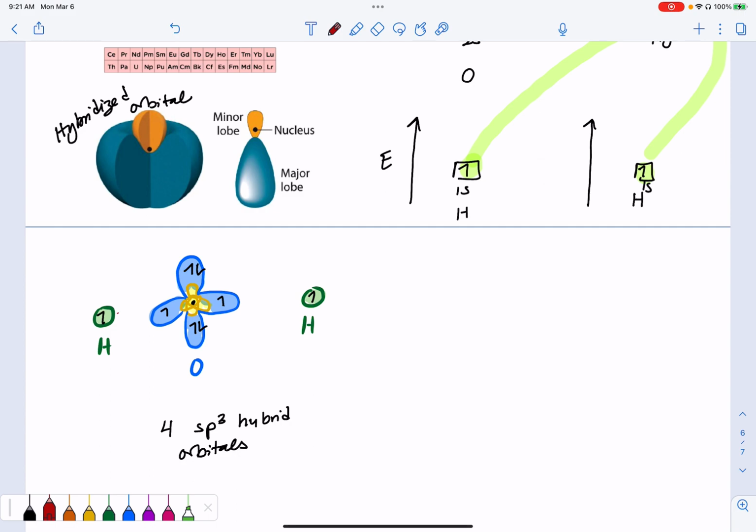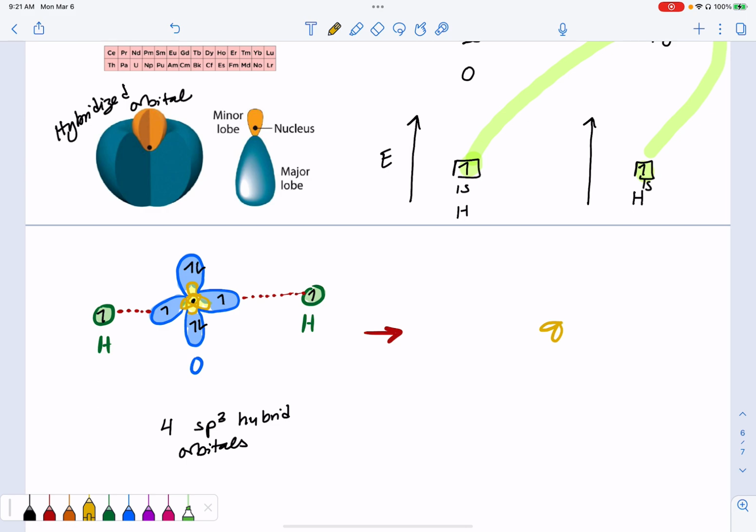And if we see these atomic orbitals here that are half full, these are the ones that have the potential to overlap and create a spin pair. So I might see something like this.